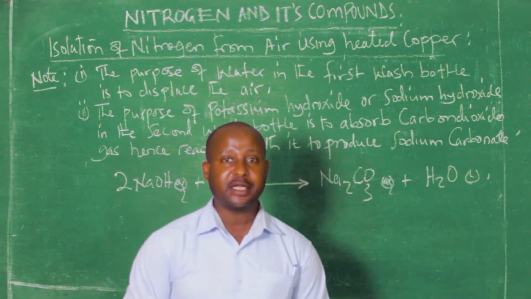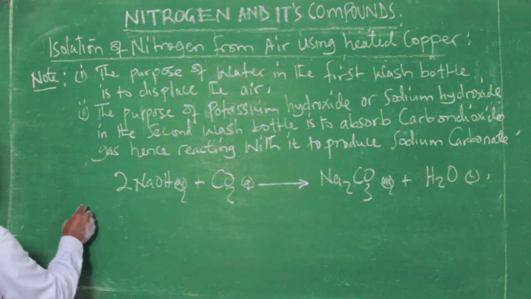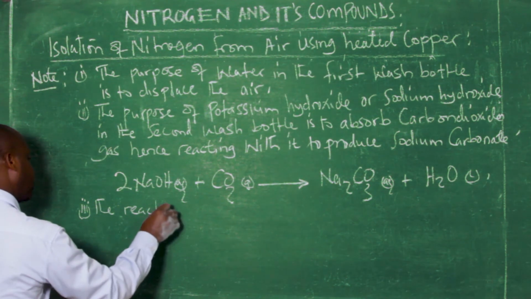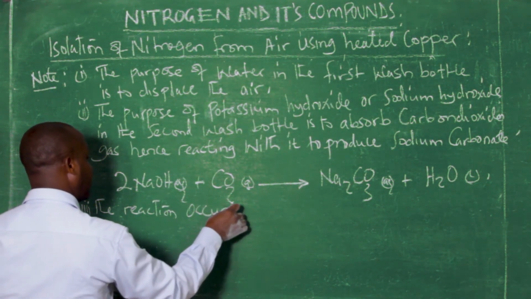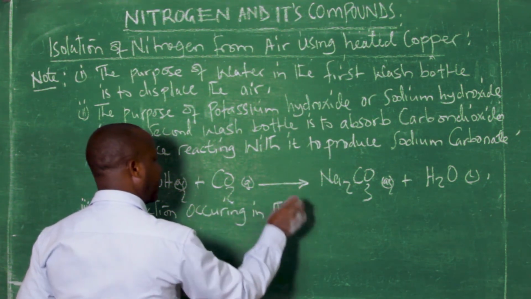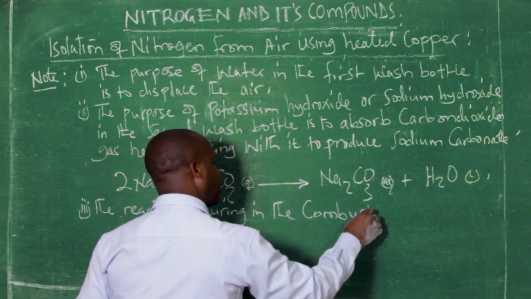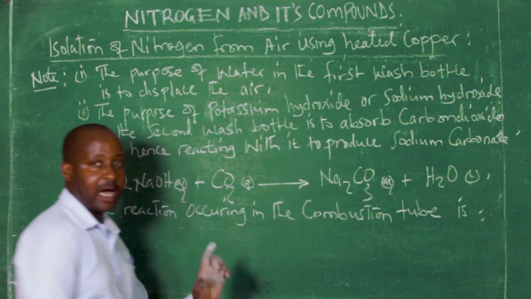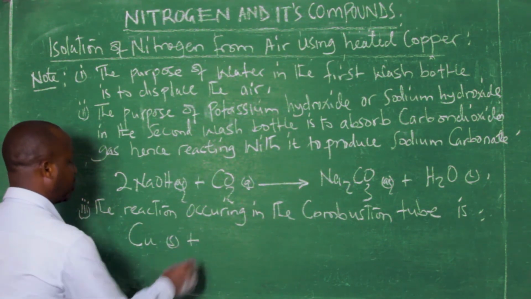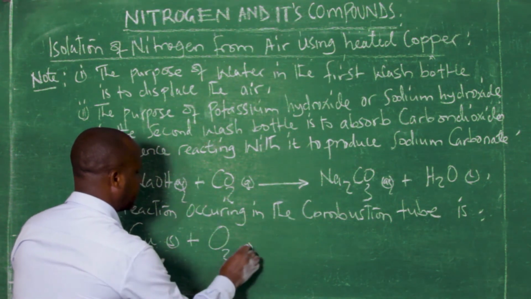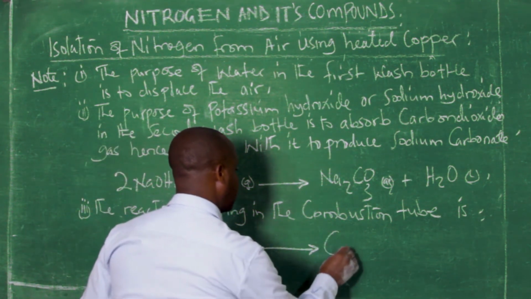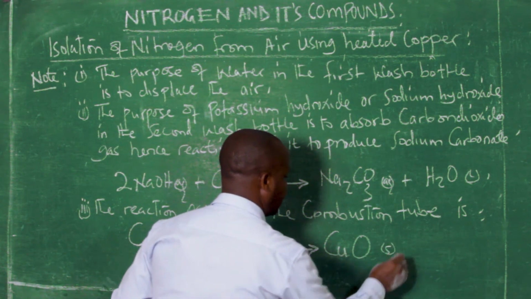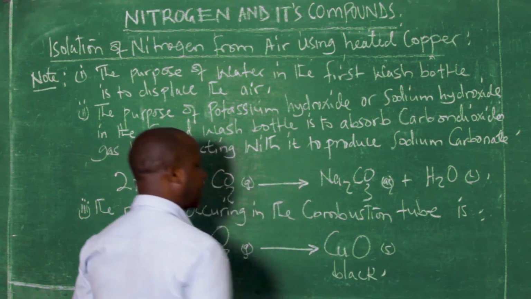The reaction occurring in the combustion tube is: we have copper metal reacting with oxygen gas, producing copper 2 oxide, which is black in color.